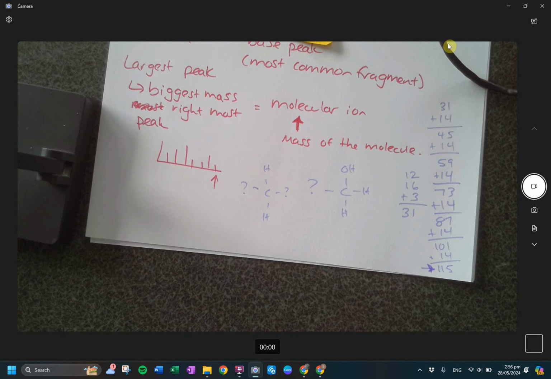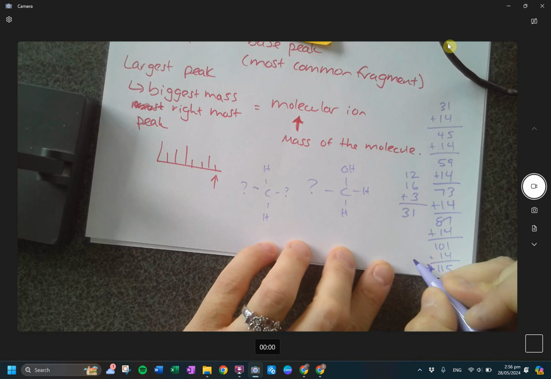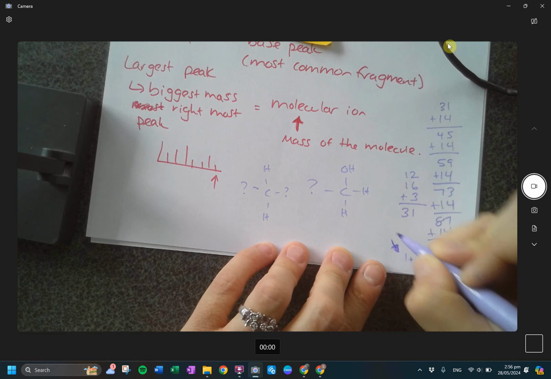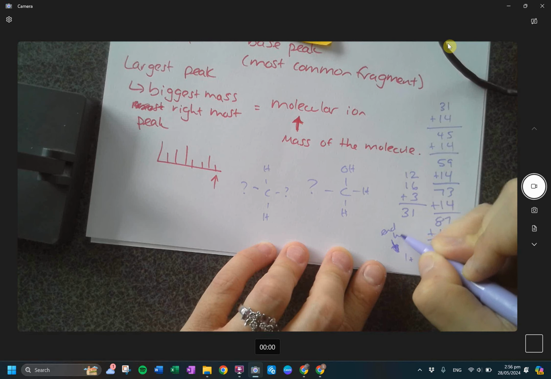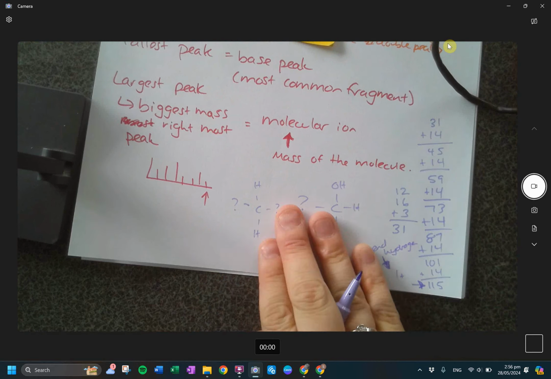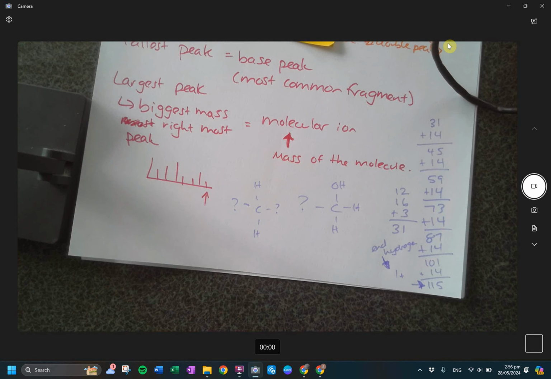And the way I get there is I add another hydrogen on the end. That just means you have one more hydrogen, plus 1, and that's the hydrogen. Now, if I go back and count how many times I've added 14, I can figure out how many carbons I have.